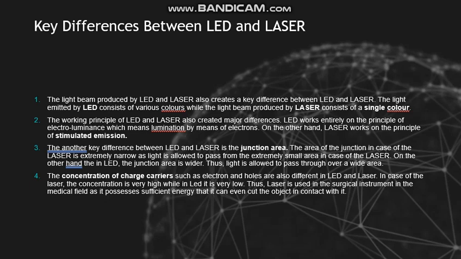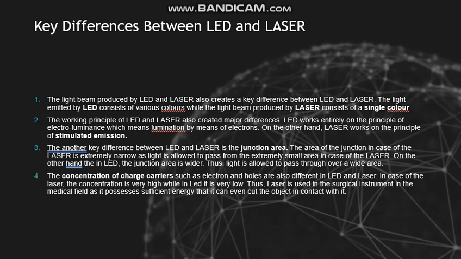Another key difference between LED and laser is the junction area. The area of the junction in the case of a laser is extremely narrow, as light is allowed to pass from an extremely small area. In the LED, on the other hand, the junction area is wider, thus light is allowed to pass over a wide area.